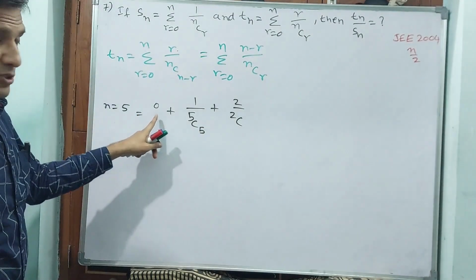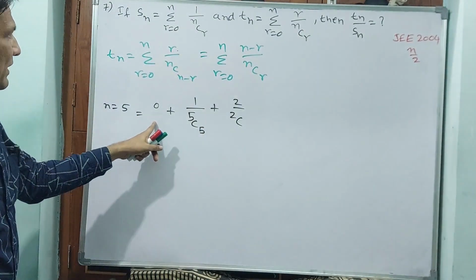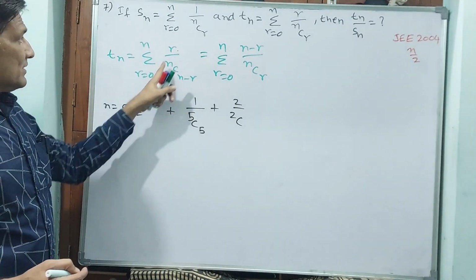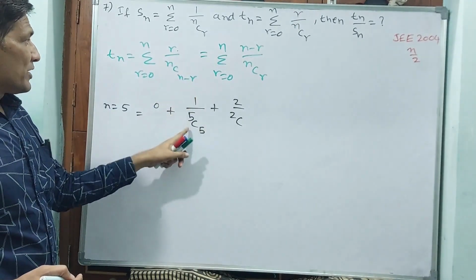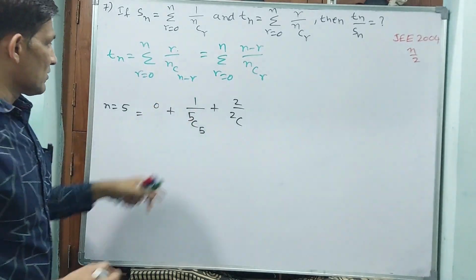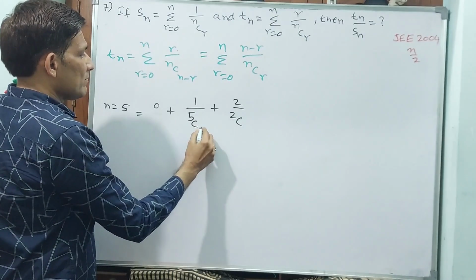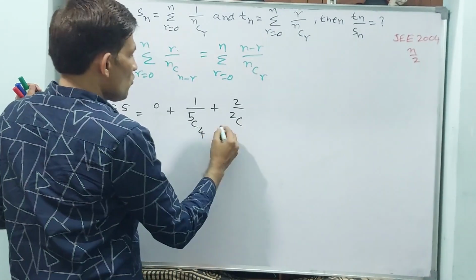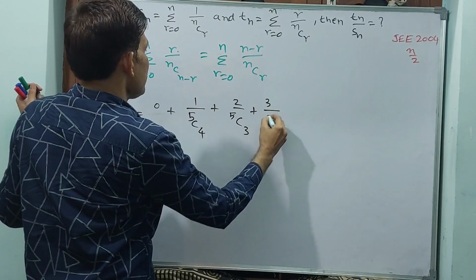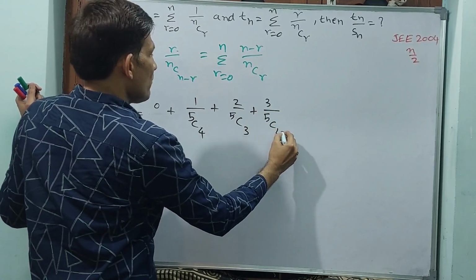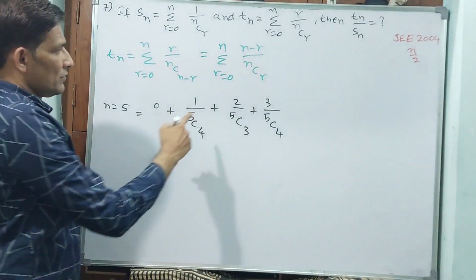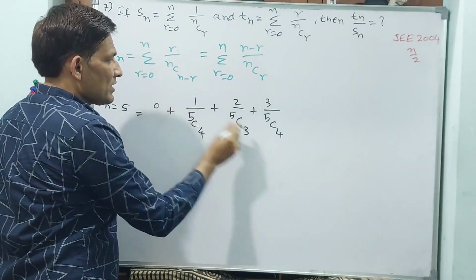See, first one is 0, don't worry. Second one is 1. Numerator is 1 but denominator is 5C(5 minus 1), 5 minus 1 means 4 will come. 5C4. Okay, 2 by 5C3 will come. Plus 3 by 5C4... so say 3. Okay, 5 minus 3, 2 will come.